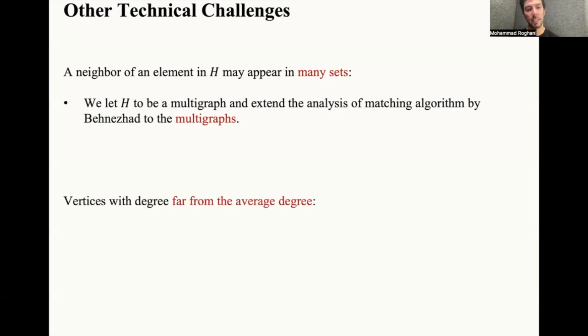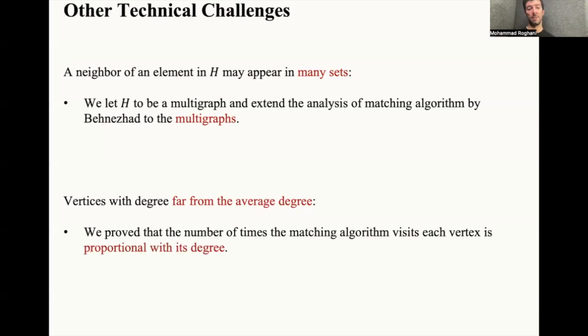The other challenge is that what we proved in the previous slide for the cost of seeing a random neighbor was for a vertex with average degree, but vertices can have different degrees. We proved that the number of times the matching algorithm visits a vertex in its exploration step is proportional to its degree, and that the two terms that depend on degree will cancel out.